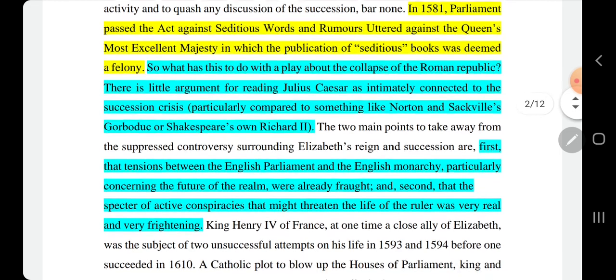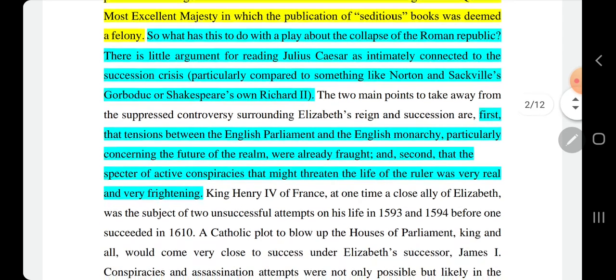So, how can we understand that Julius Caesar is related to what was happening during the Elizabethan period? The two main points to take away from the suppressed controversy surrounding Elizabeth's reign and succession.